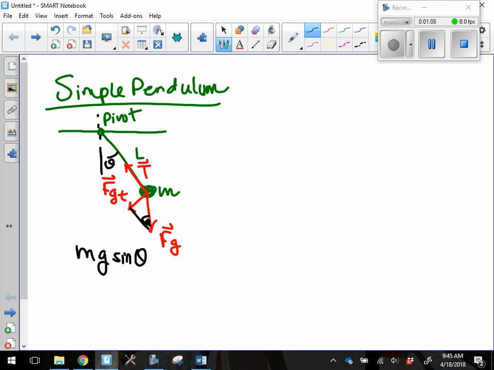We looked at the torque of that restoring force around the pivot point and found that the torque was negative L m g sine theta. We also said that torque was equal to I alpha.